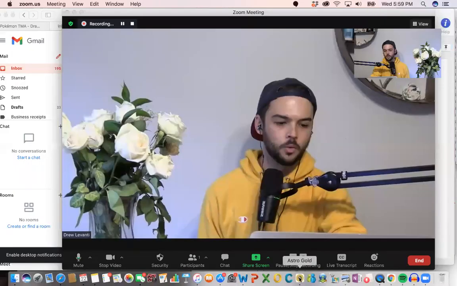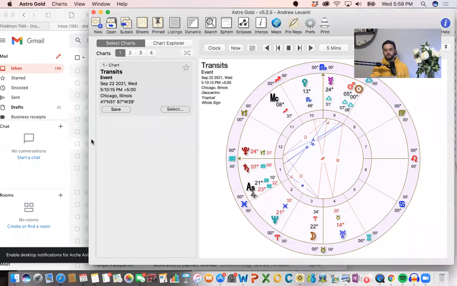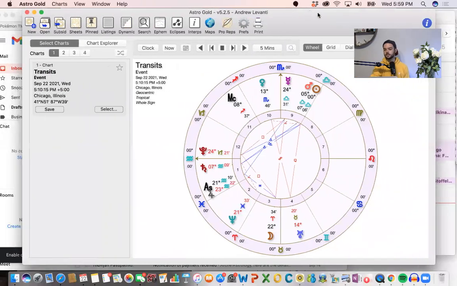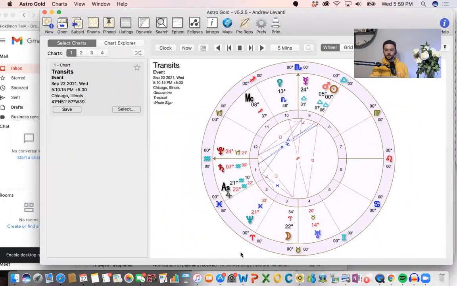So let's go ahead and start taking a look at some charts where we can explore this concept, not only the concept of house topics and how they interact, but also specifically this notion of translation of light, which I'll get into more.